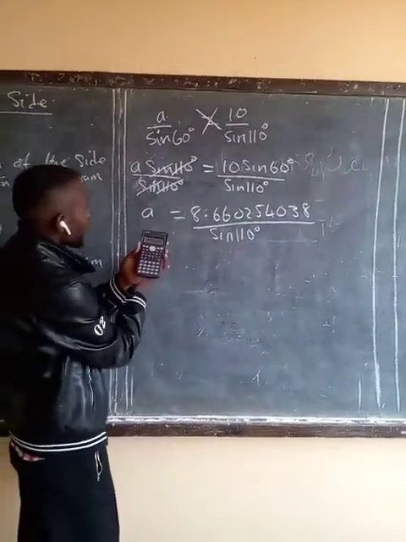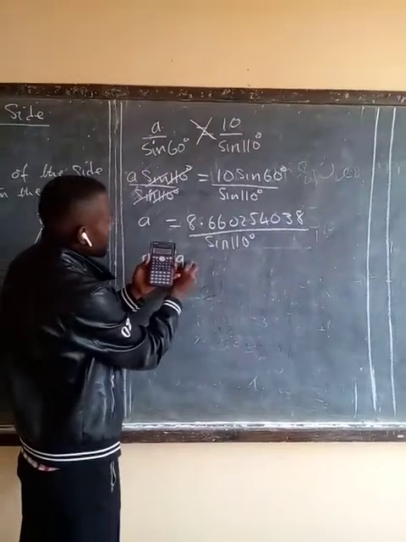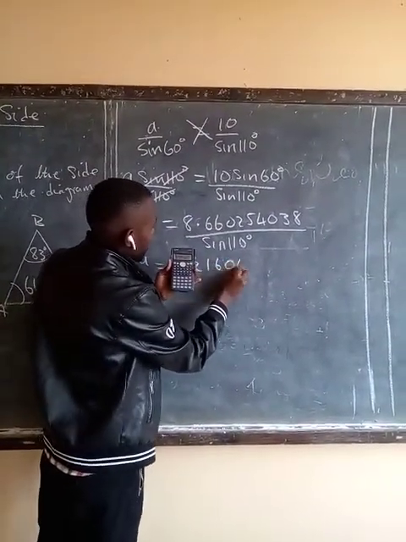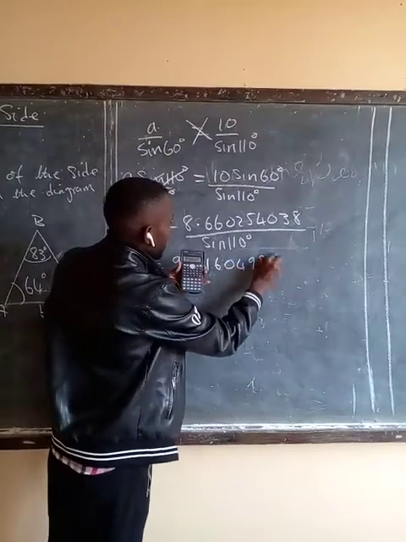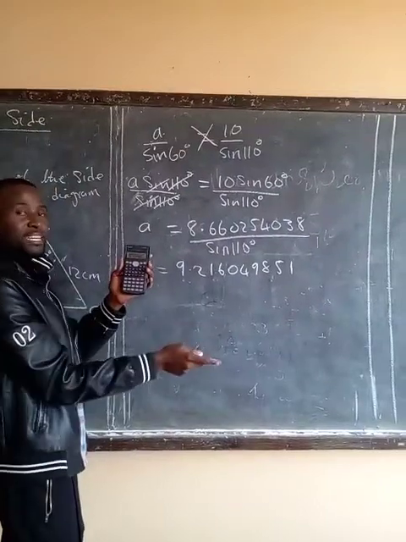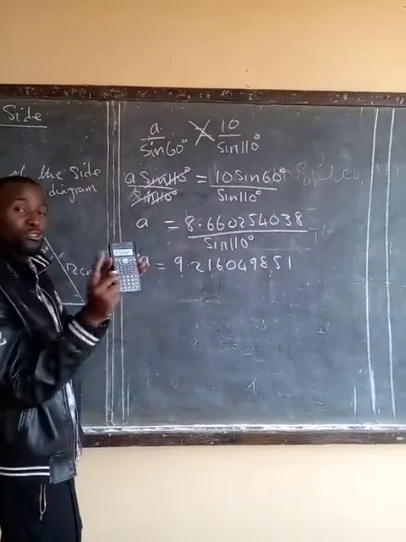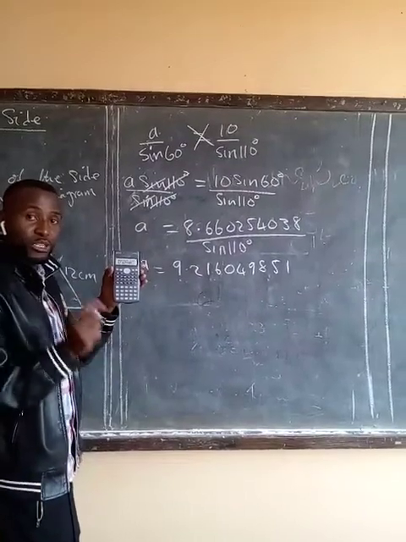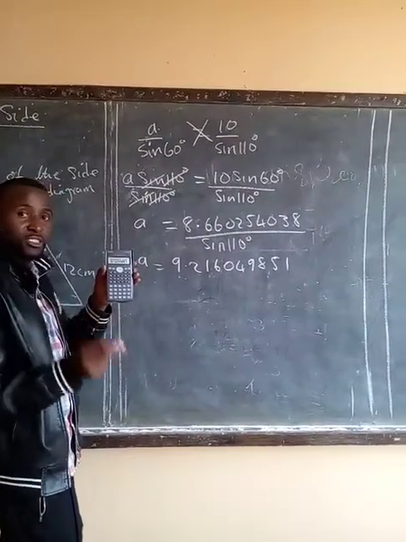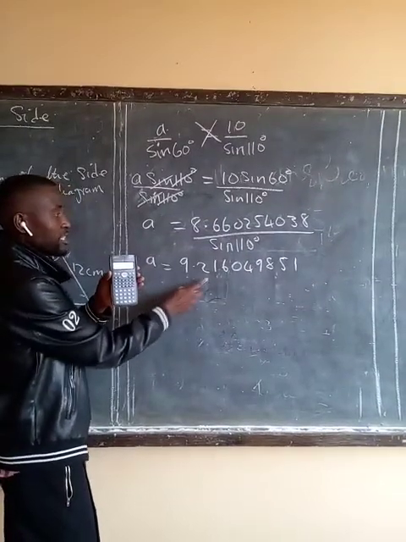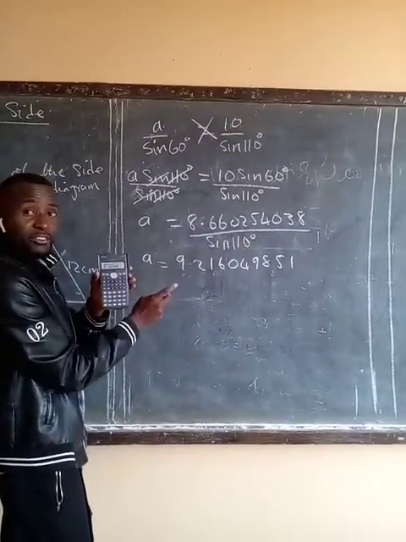So we are going to say A is equal to 9.216049851. This is not the whole number. You don't have to write it like this, but leave your answer according to the instructions in your paper. Your grade 12 paper will have instructions, so make sure you read. In this case, we are going to leave our answer to 3 significant figures.